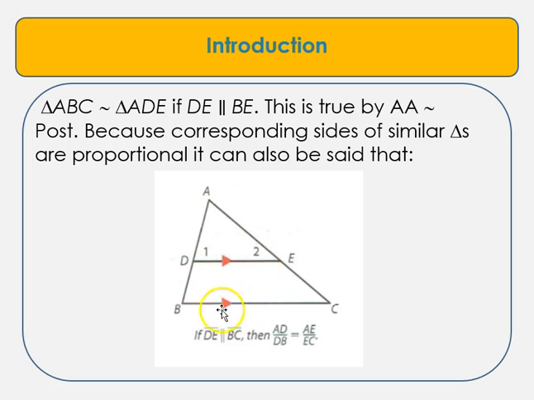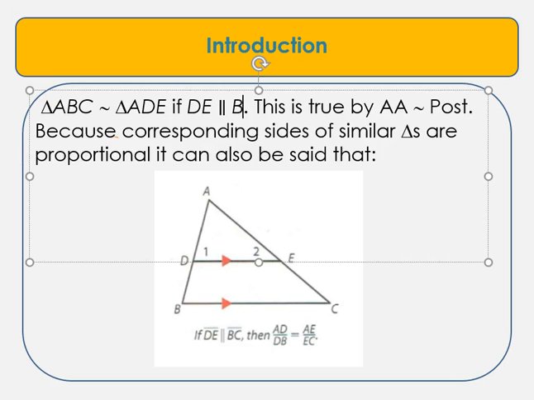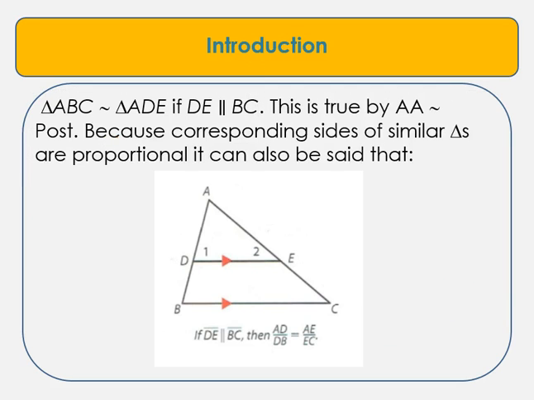So DE is parallel to BC. This is true by AA, the angle-angle similarity postulate, because corresponding sides of similar triangles are proportional.